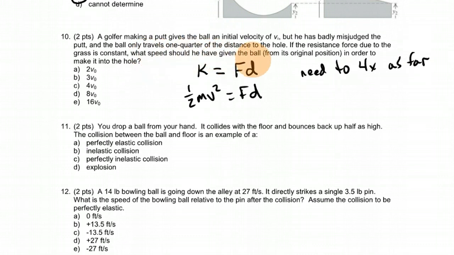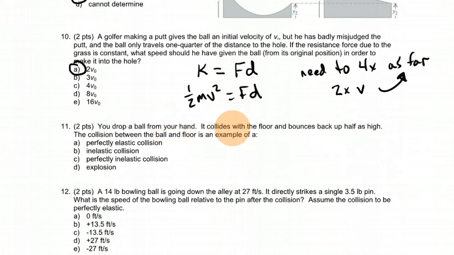What speed do we have to do that? So if we want to increase this by a factor of 4, F is constant, what are we going to have to do to v? Well, v is squared here. So you only have to do 2 times v to go 4 times as far, because the 2 is getting squared. Okay. You could write it out, but I think just talking through it is sufficient.